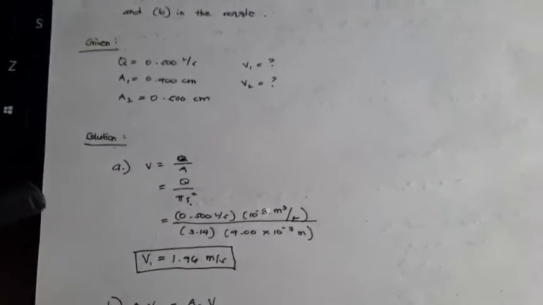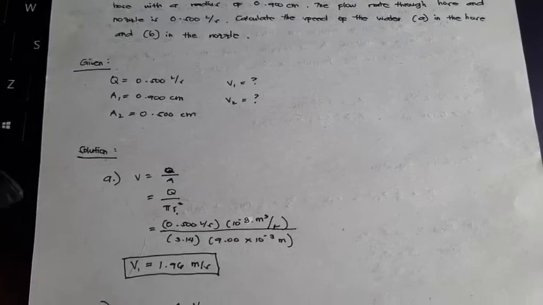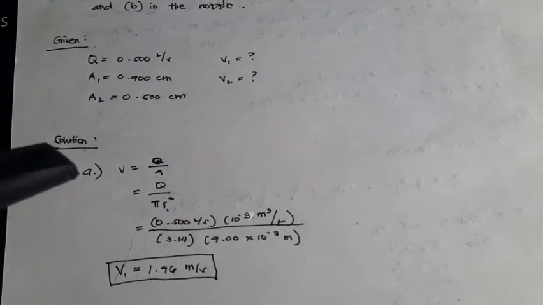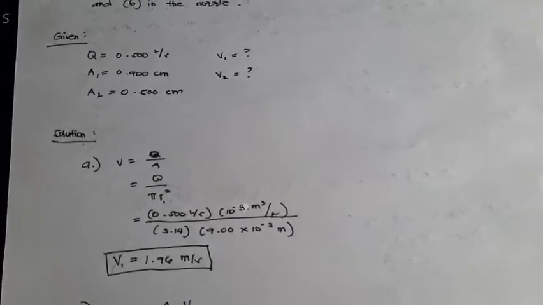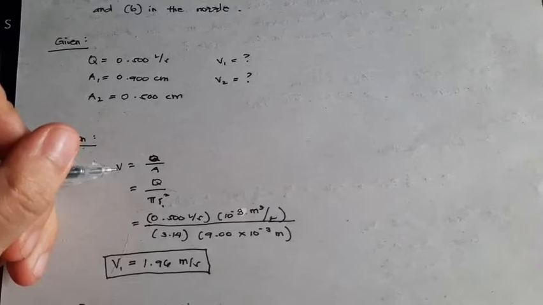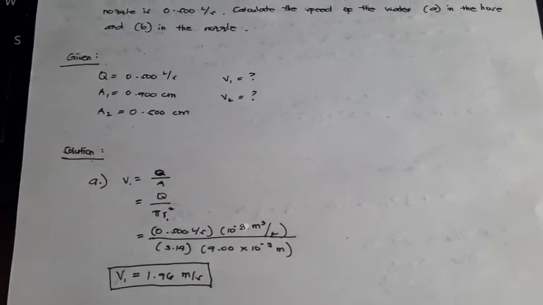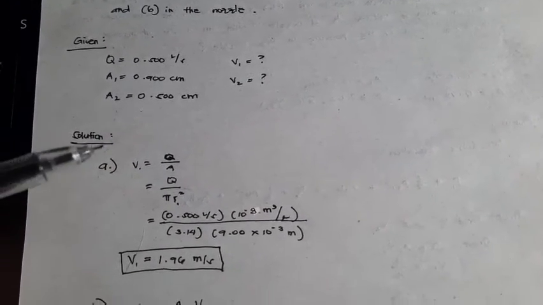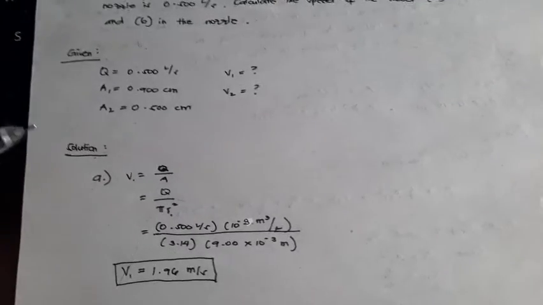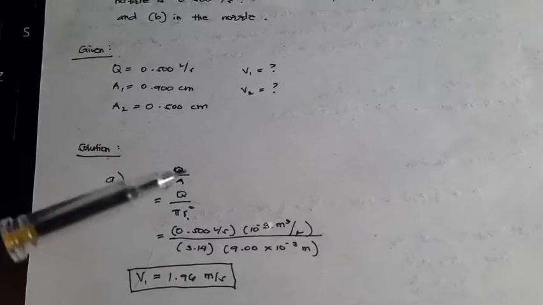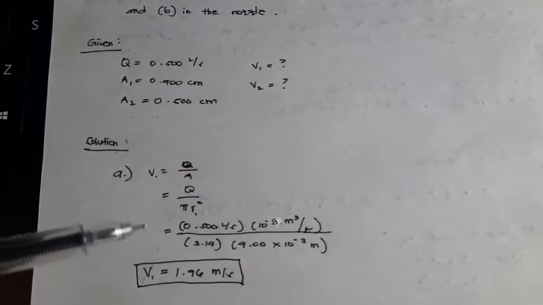So, solution. First we must get the speed of the water in the hose. So, V1. V1 is equal to Q or flow rate over cross-sectional area.